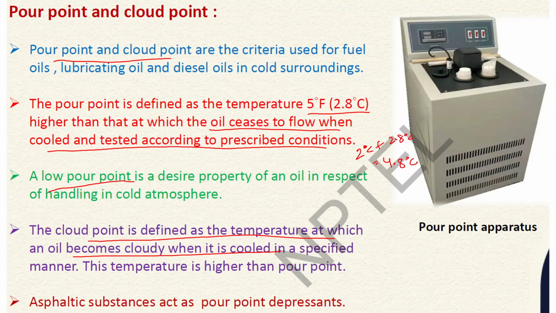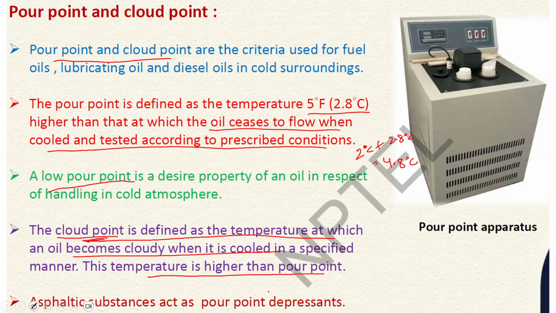That is the point which is called the cloud point. It is an indication that our pour point is about to be reached. So this temperature is basically higher than the pour point.